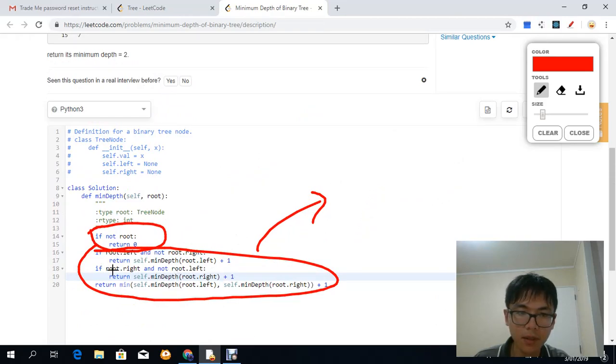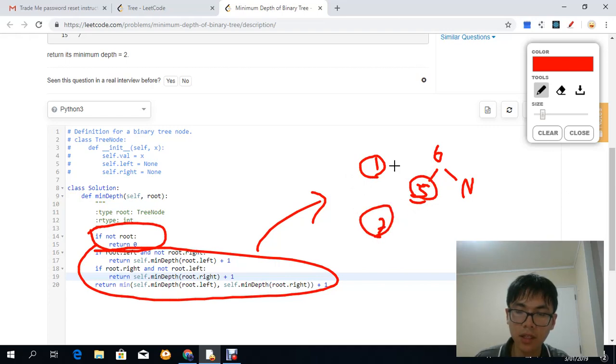The first condition is the left side exists and the right side doesn't exist. For example 6, 5, then this is known. It will go through this and add 1, so we will get the depth of the left side. The second one is exactly the same, just the right side.